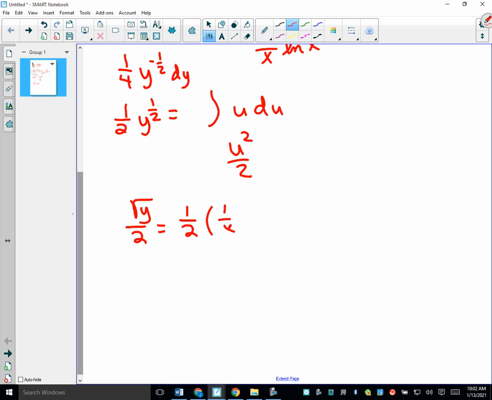Times 1 over x squared. Is that right? You can make it 1 over 2x. Plus c.